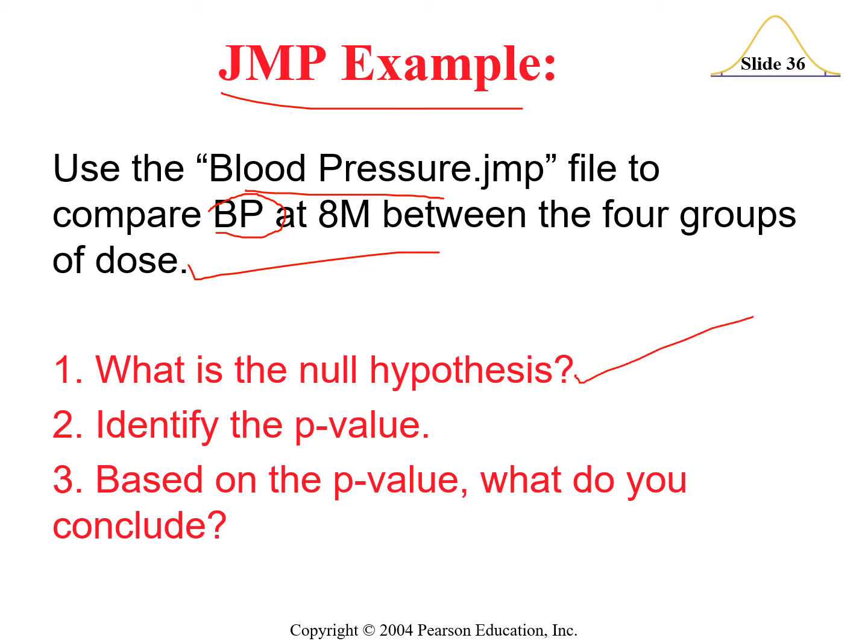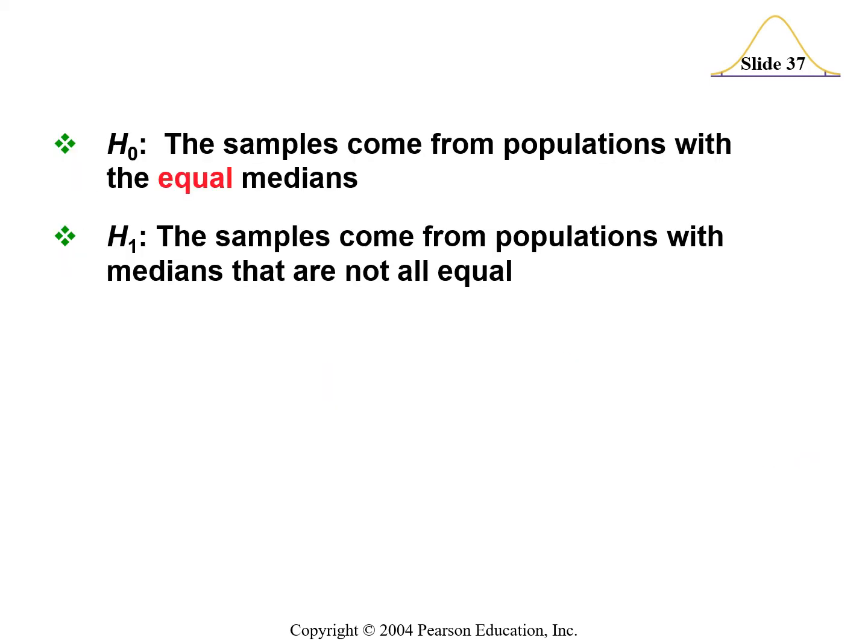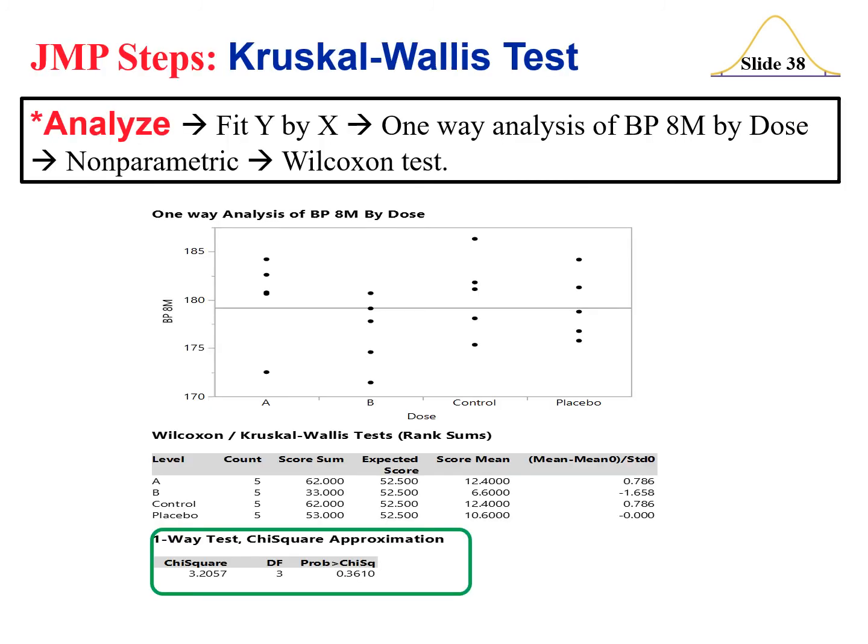First, state the null and alternative hypotheses, identify the p-value, make a decision and conclusion on results. So this is the null hypothesis: the samples come from populations with equal medians. Be careful about stating the null and alternative hypotheses for each non-parametric test. H1: the samples come from populations with medians that are not all equal.